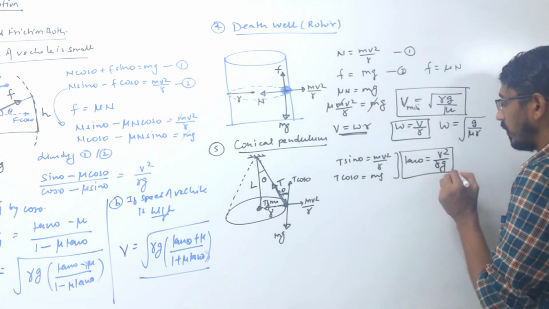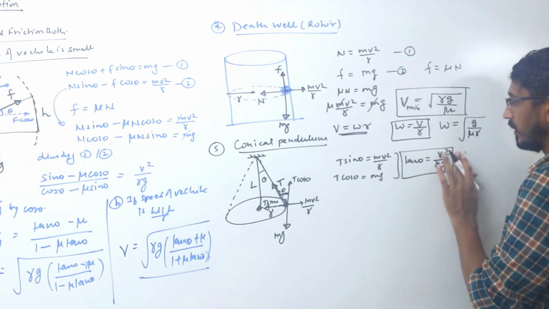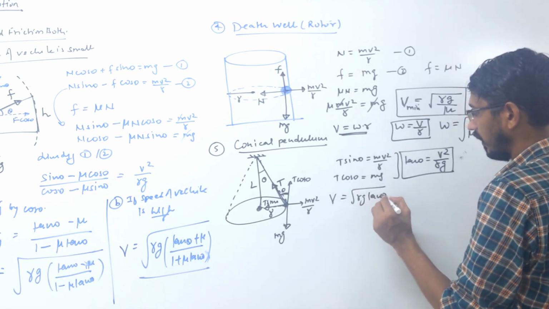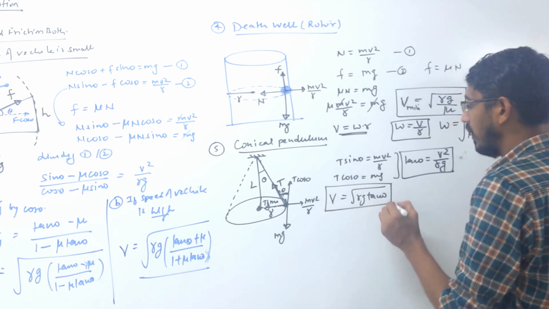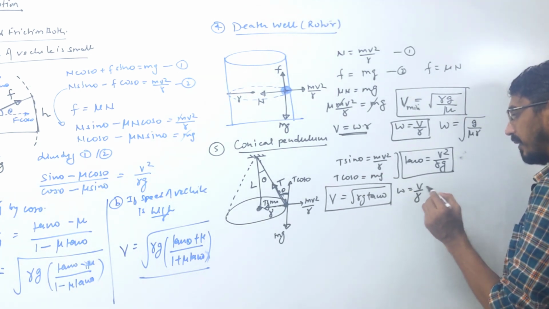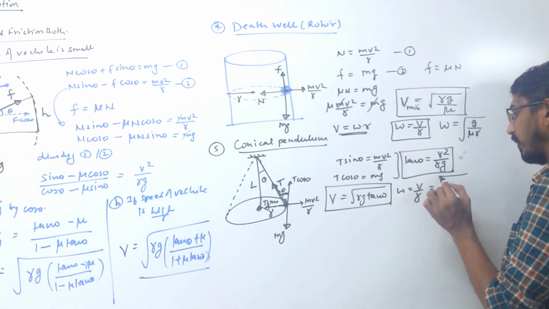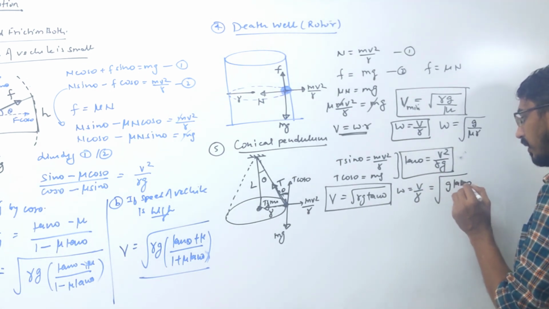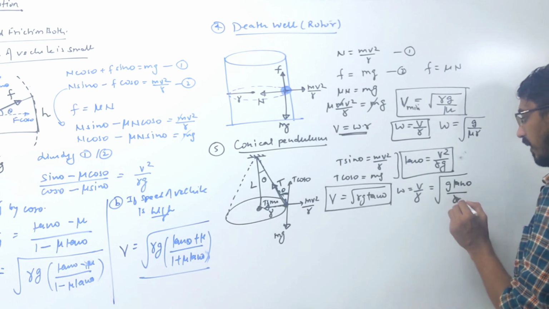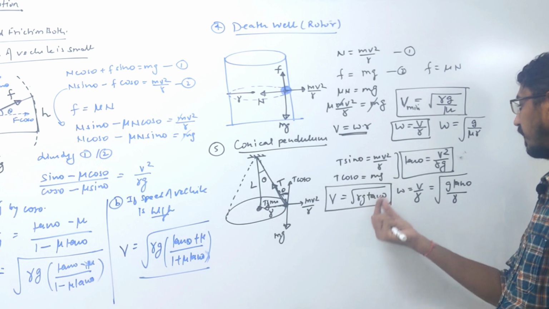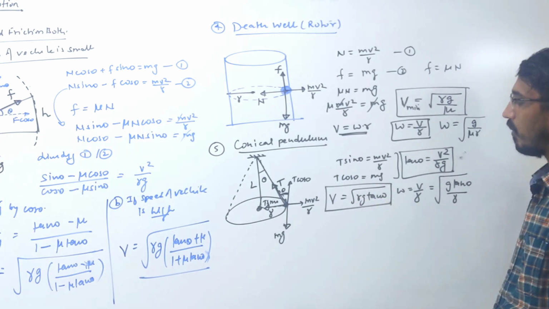Already we have done. So at what velocity do we need to rotate this? v will be equal to simply root of rg tan theta. Or if they ask angular velocity, then omega will be equal to v by r, right? So divide this term by r, then you get root of g tan theta by r. When you divide, r goes inside and becomes r square, one r gets cancelled, so you get this as the angular velocity.